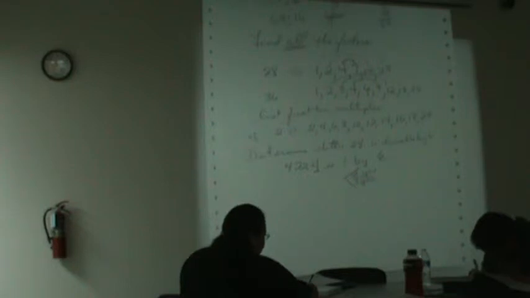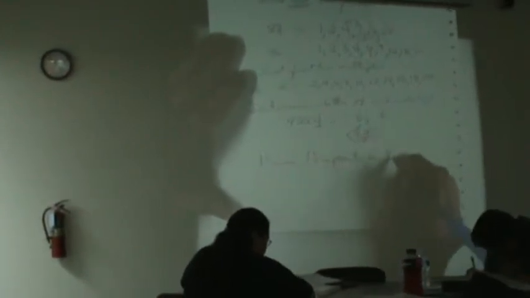Okay, now let's determine whether numbers are prime, composite, or neither. First of all, what numbers will be neither prime nor composite? 1 and 0.